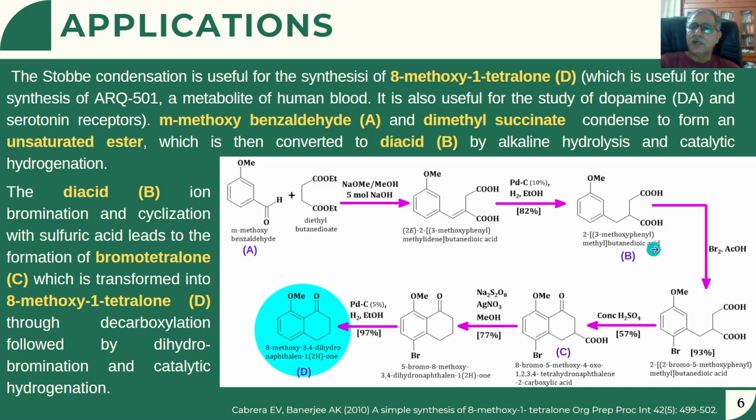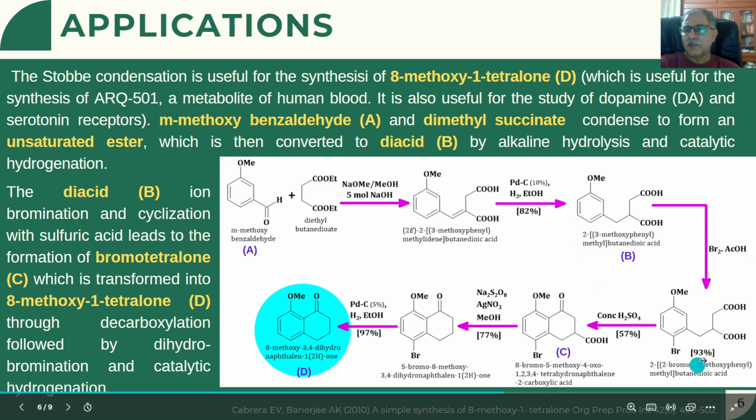These dicarboxylic acids, when reacted with bromine in acetic acid, will undergo Friedel-Crafts bromination at this carbon, and we will get the corresponding bromo derivative of these saturated acids.